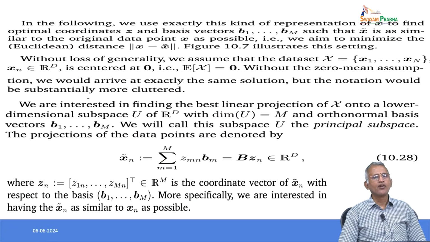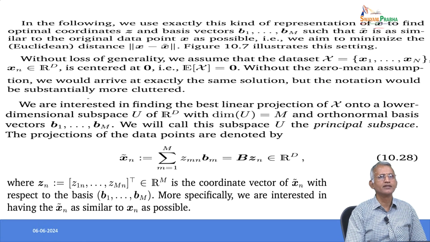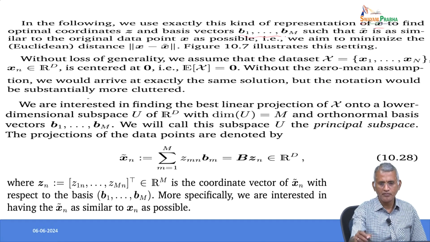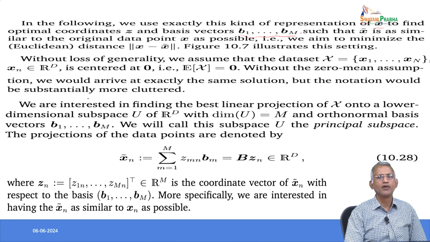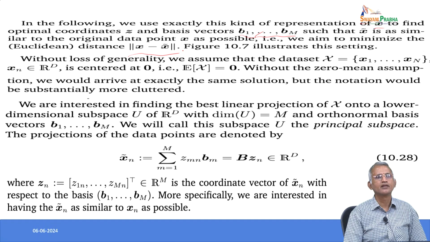In the following, we use exactly this kind of representation of x tilde to find the optimal coordinates z and basis vectors b1 to bM such that x tilde is as similar to the original data point x as possible. So, that is, we aim to minimize the Euclidean distance norm of x minus x tilde.